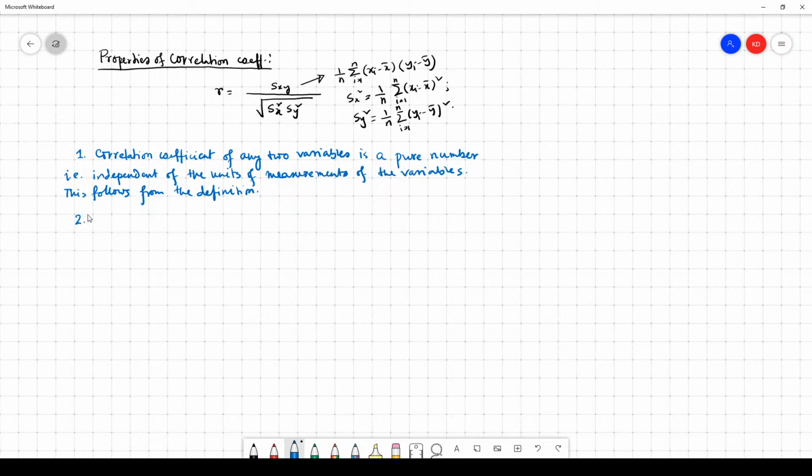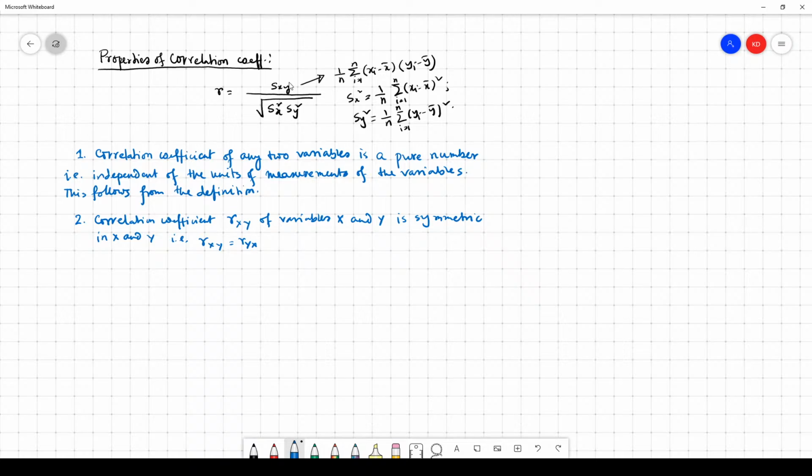It is also symmetric. That means the correlation coefficient Rxy of the variables x and y is symmetric in x and y, that is, Rxy equal to Ryx.